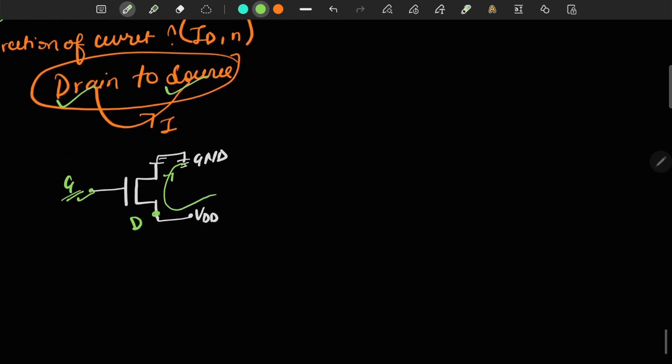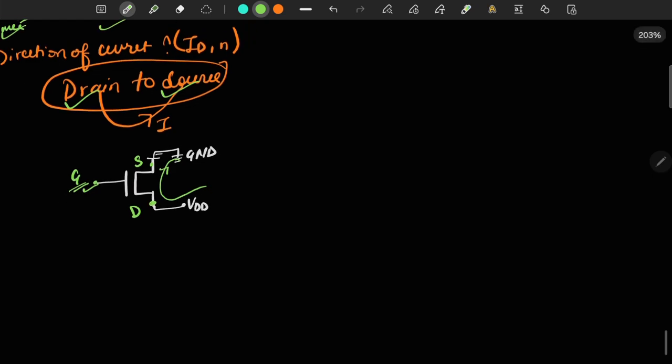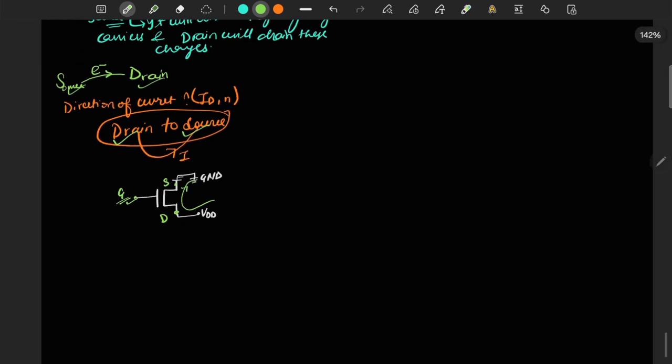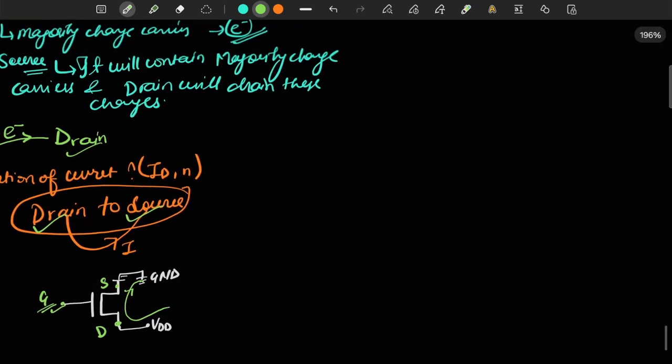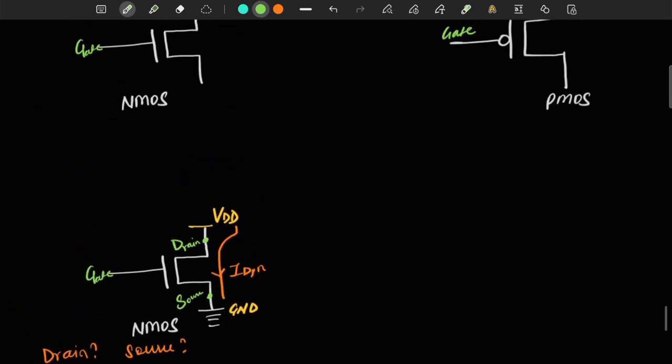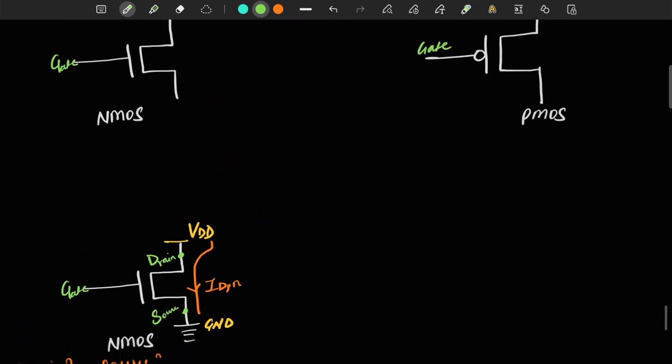So this terminal would be my drain and this terminal would be my source. Now you can answer which terminal is drain and which terminal is source. I hope I'm clear to you.